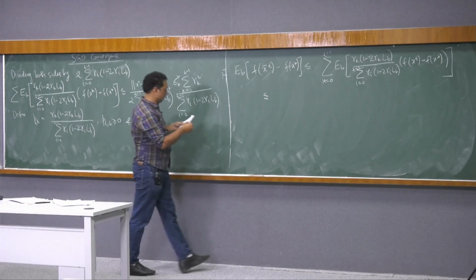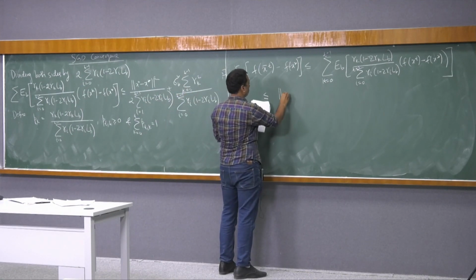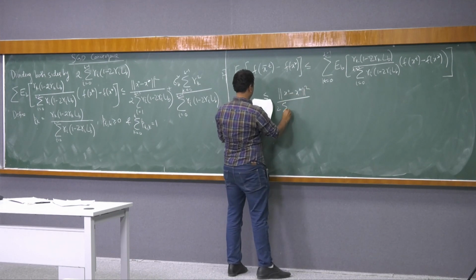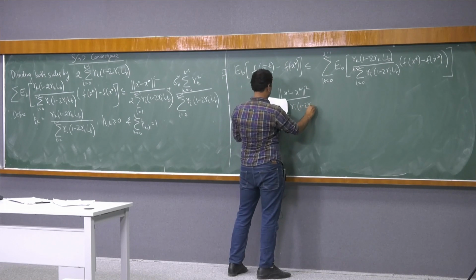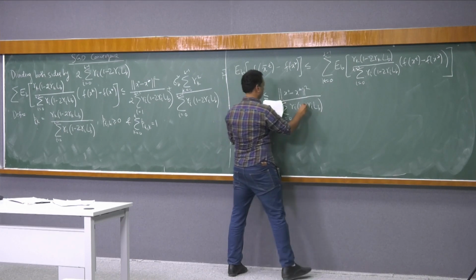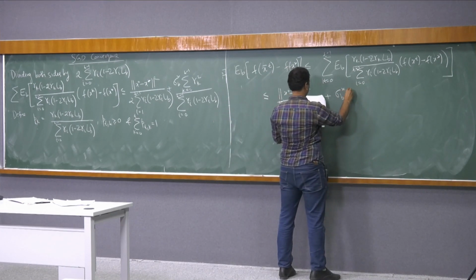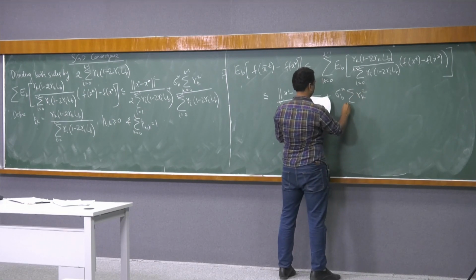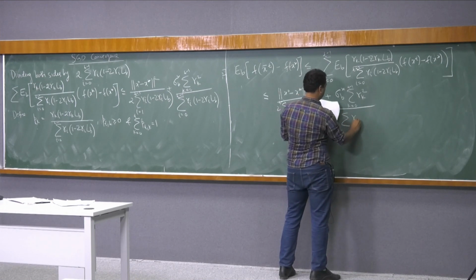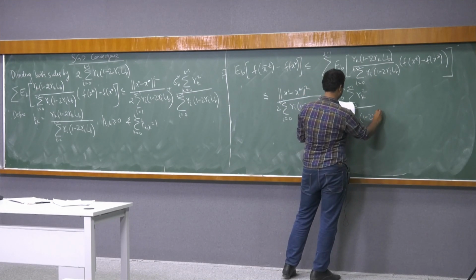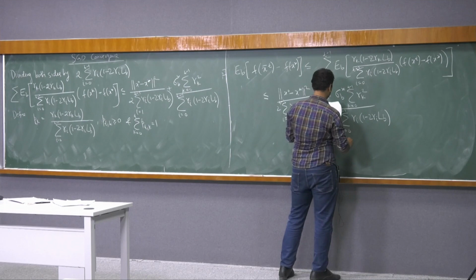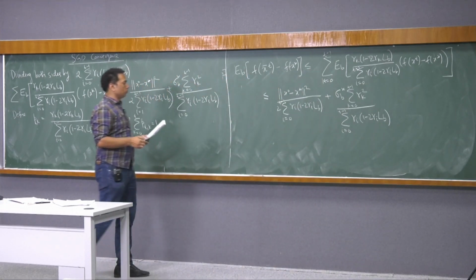So we can eventually write that this is less than or equal to norm of x_0 minus x star squared divided by 2 sum of gamma_i (1 minus 2 gamma_i L_B), i equals 0 to t minus 1, plus sigma star_B sum of gamma_k squared, k equals 0 to t minus 1, divided by sum of gamma_i (1 minus 2 gamma_i L_B), i equals 0 to t minus 1. That's the final proof we had to do.